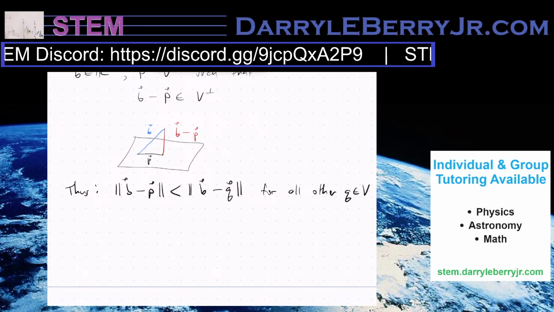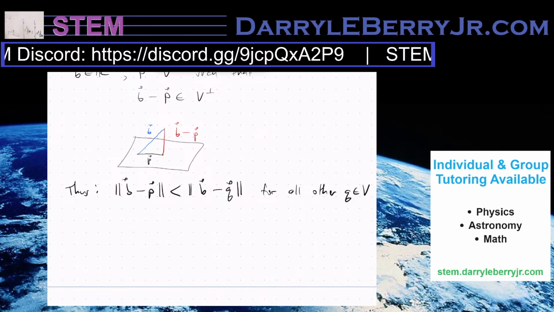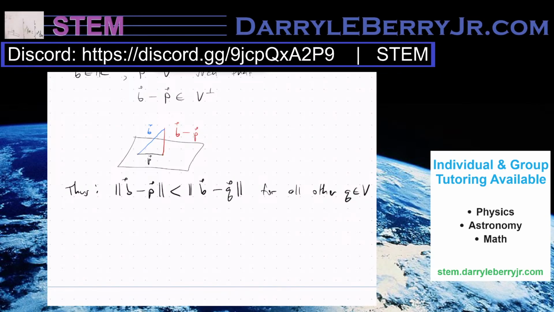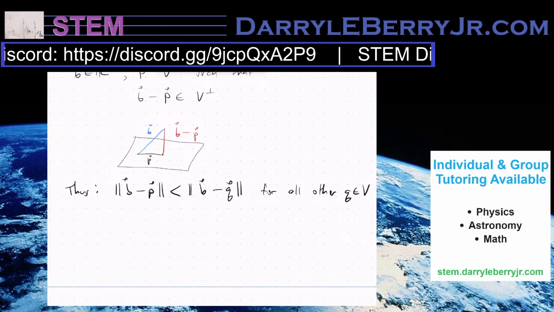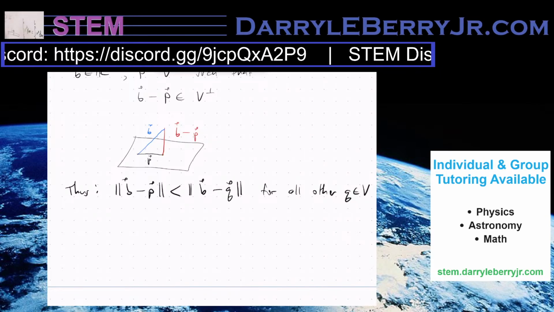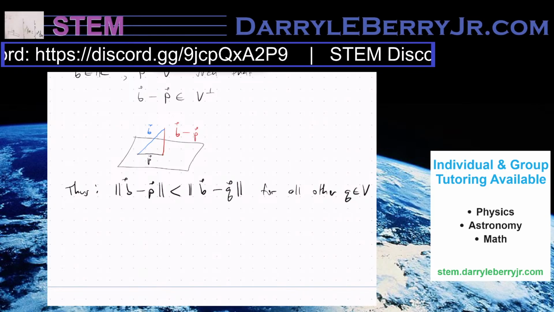So some adjustments here. We have B going there, P is going there. This will actually be my triangle.